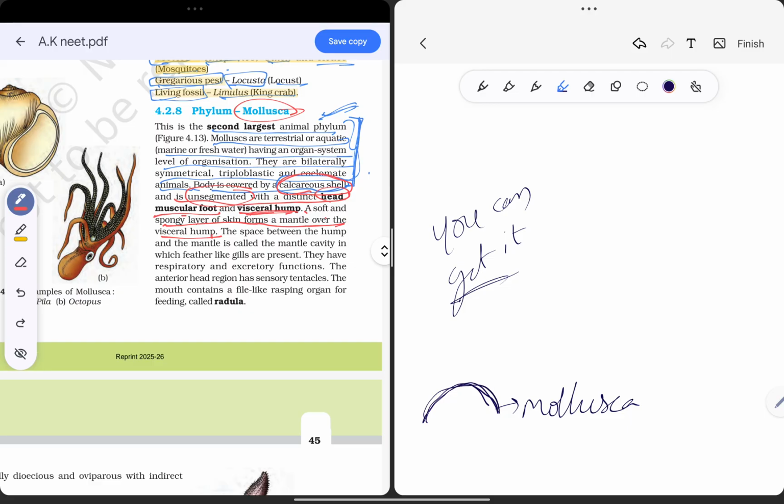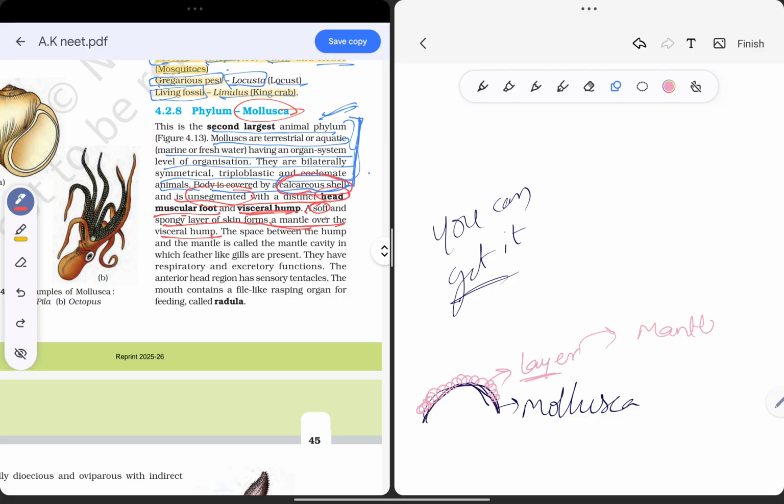On top of this hump there is a soft layer, which forms the mantle.